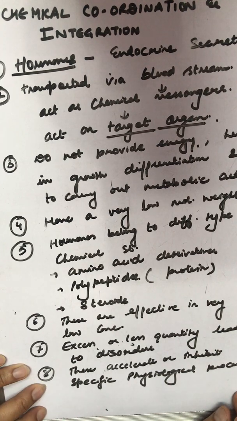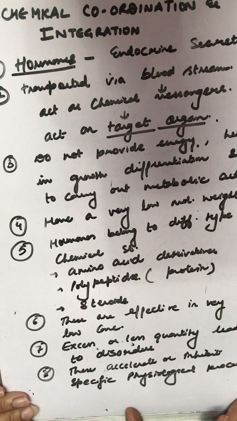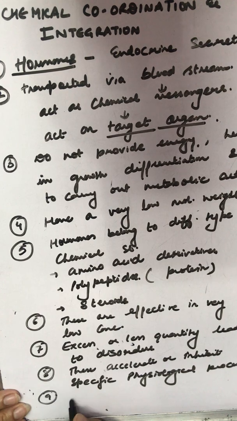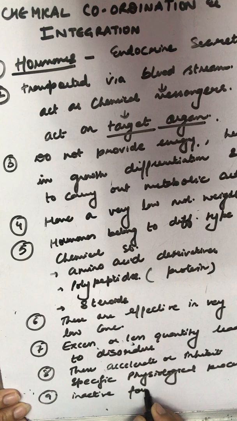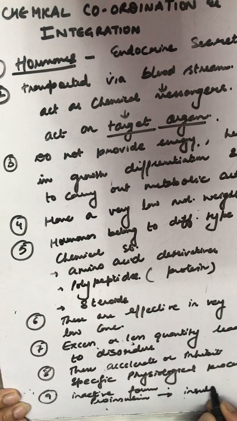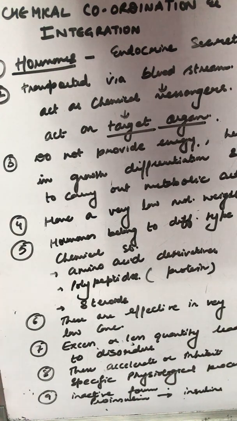Clear? And when we talk about the form in which it is secreted, inactive form, prohormone. I'll give you an example of that, secreted in inactive form, many of them, like proinsulin, then it turns into insulin, which is active in our body, and mainly they are used in regulatory action.